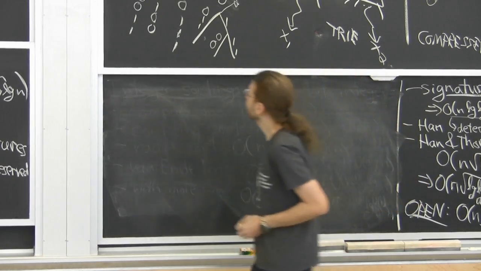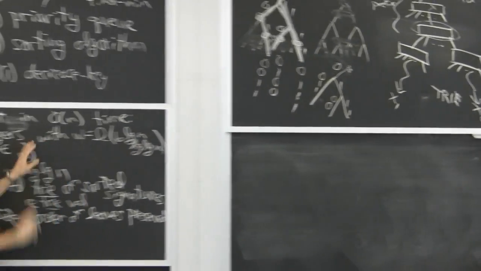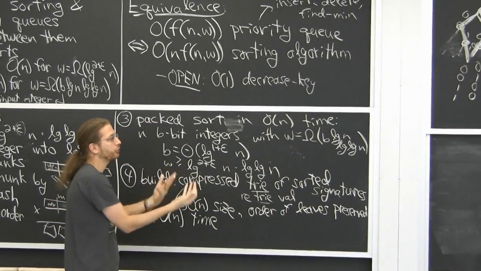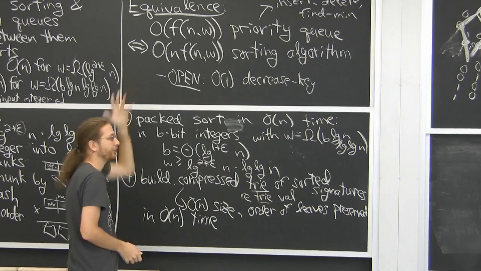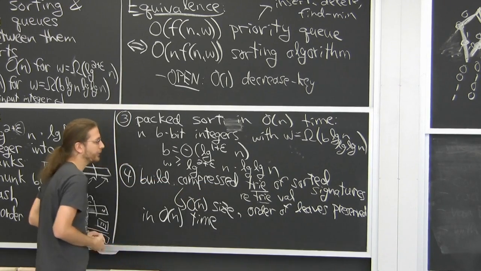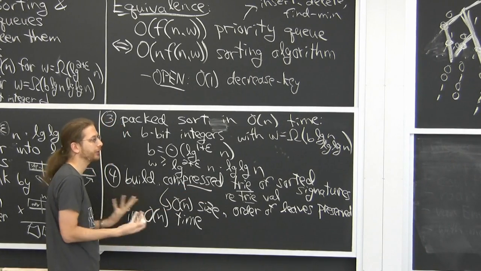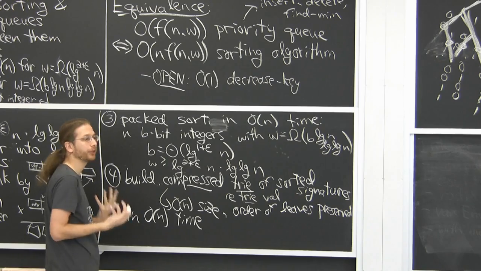At this point, we are given the leaves in sorted order, right? We've just sorted our things. So all I'm trying to do is compute the trie of the stuff above the leaves. We're given the leaves of the trie in the correct order. I just need to build the compressed trie. The reason I'm building a compressed trie is so I can do it in linear time. Constructing the uncompressed trie would take too long.